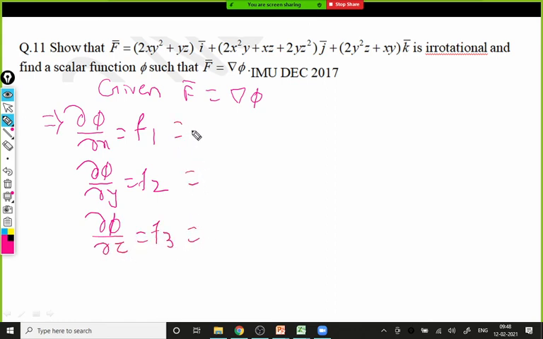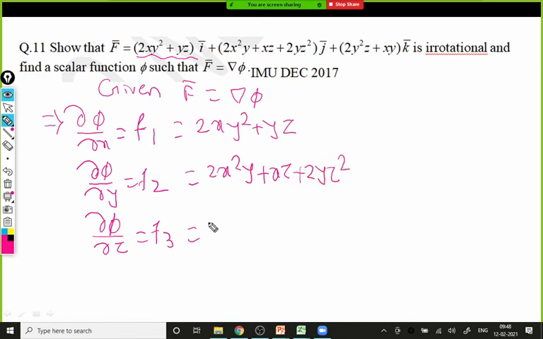The value of F1 in this example is 2xy square plus yz. Value of F2 is 2x square y plus xz plus 2yz square, and value of F3 is 2y square z plus xy.